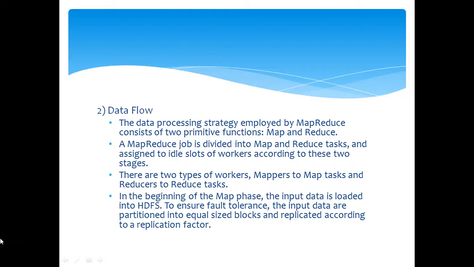Before making copies of data, the HDFS will divide the data into equal sized blocks. After that, it will make the copies and send the data to the MapReduce engine to do its MapReduce tasks.